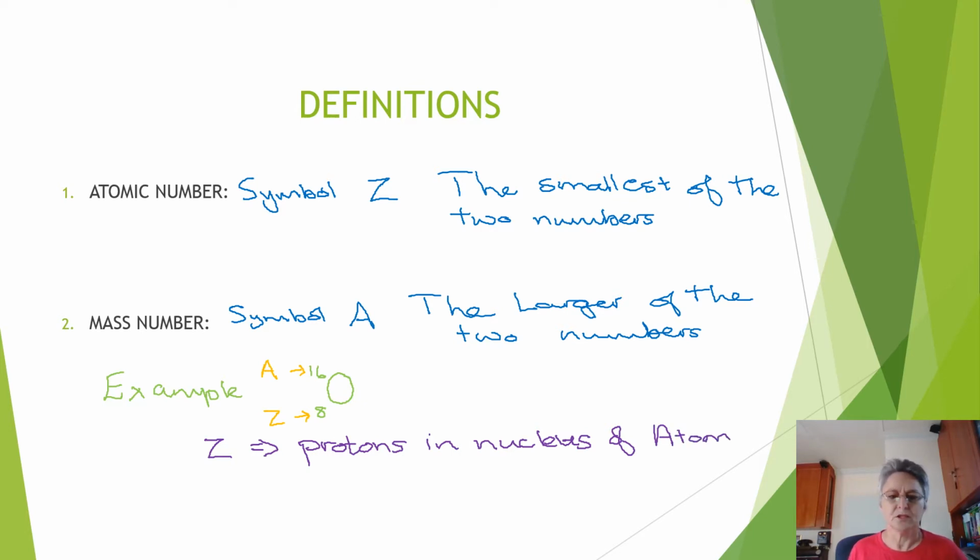So oxygen's got 8 protons. The mass number gives us the number of nucleons. Those are the protons plus the neutrons in the nucleus.